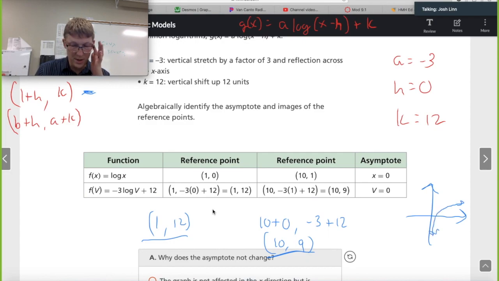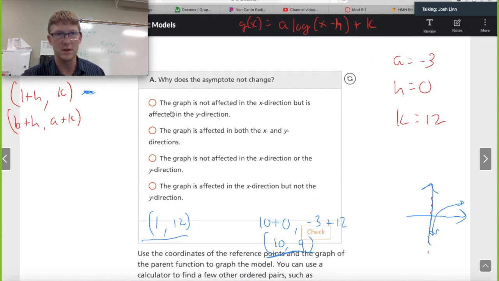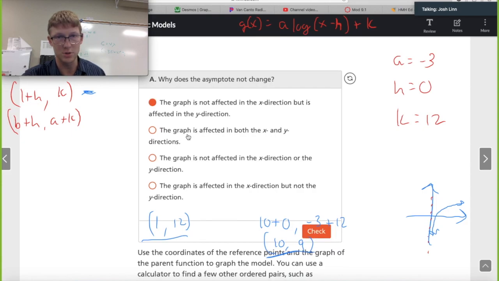So if it moves up or down, you still have an asymptote at x equals 0. Even if you shift up, that's still not going to affect the asymptote. So what is it? The graph is not affected in the x direction, which is true, but it is affected in the y direction. That's true. The graph is not affected in both directions. Ooh, I can check it.